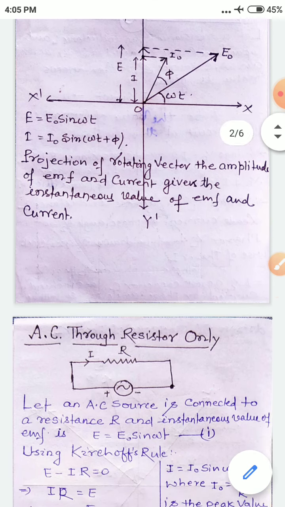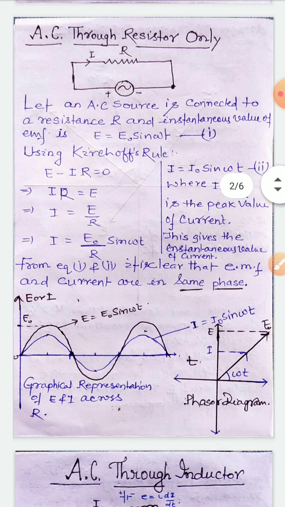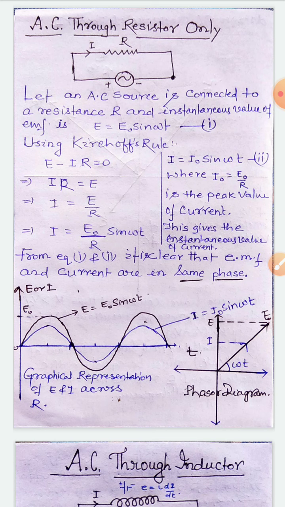Now we will see the phase relationship between the current and voltage across an AC circuit containing a resistor only. Here the figure shows the AC circuit containing resistance only. The value of alternating current is changing frequently, so its direction is also changing, but we are giving a sign for the current because we are representing the instantaneous value of current.